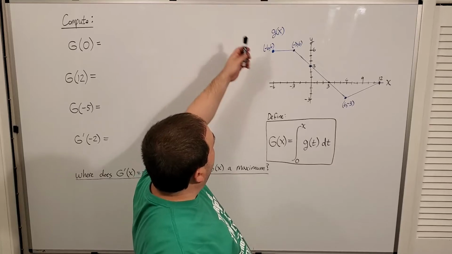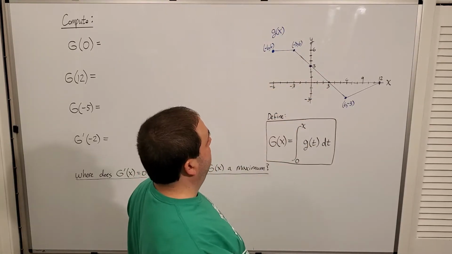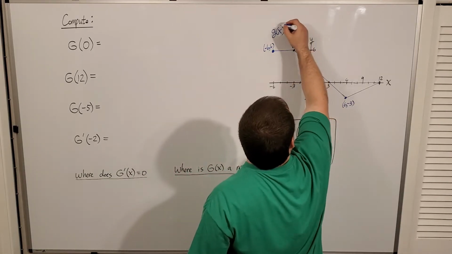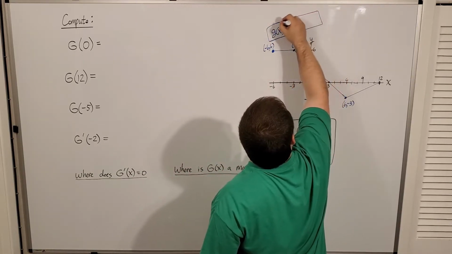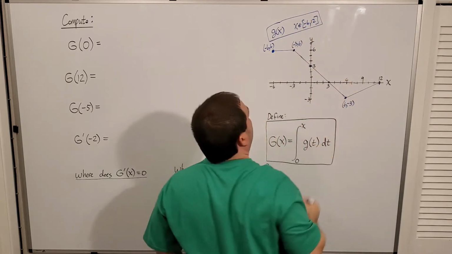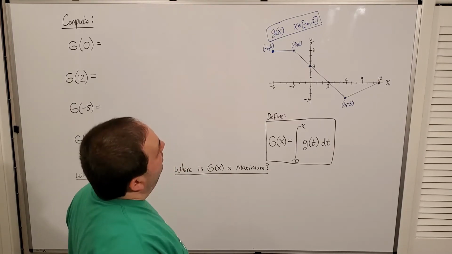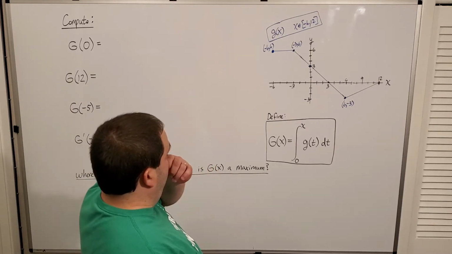Little g of x is defined on the closed interval from -6 to 12, right? So little g of x, and x is going to be on this interval. Okay, as you can see, g of x is completely continuous on this interval.